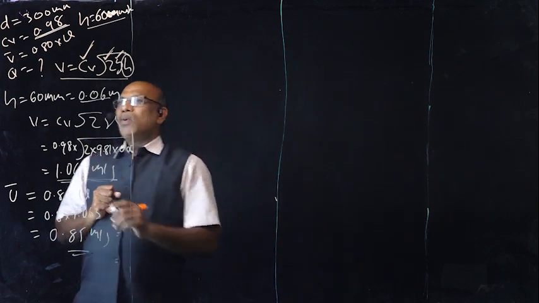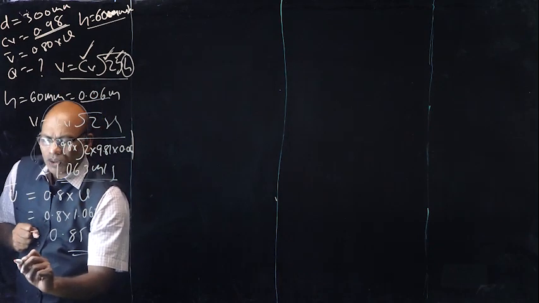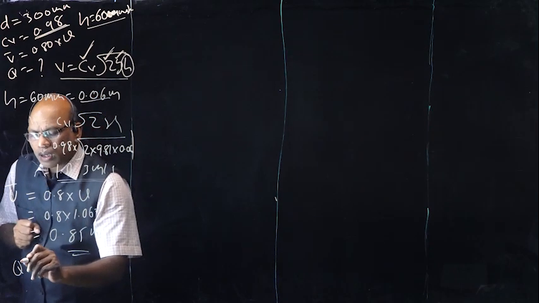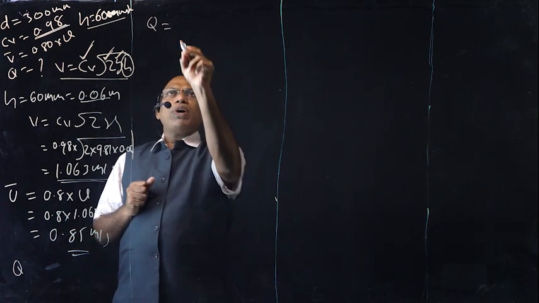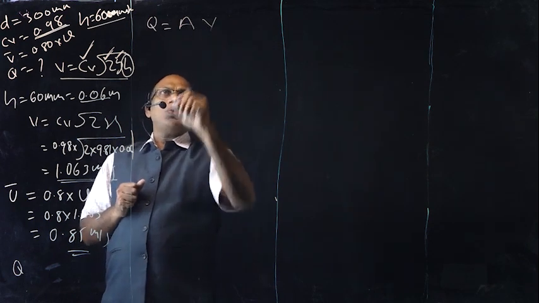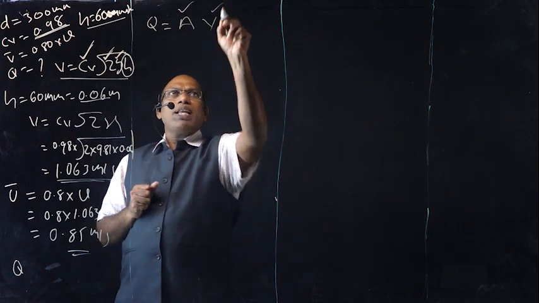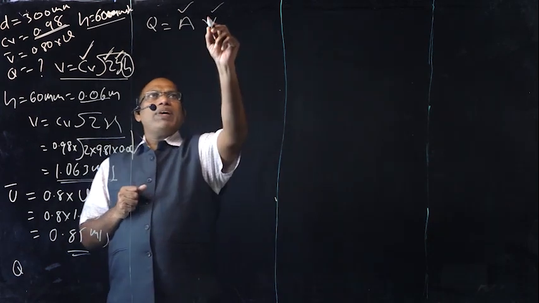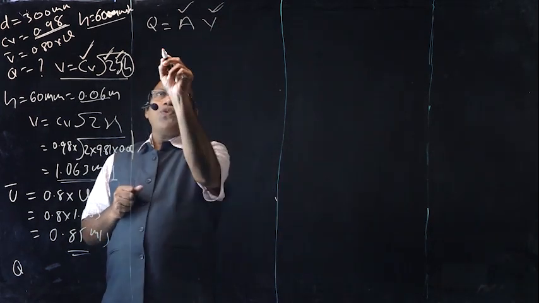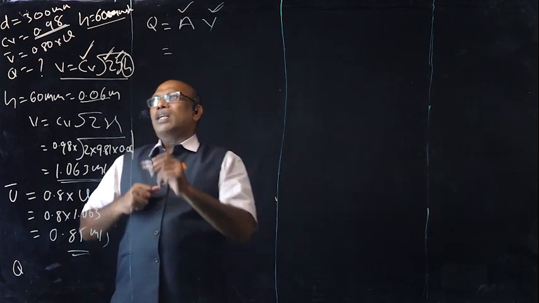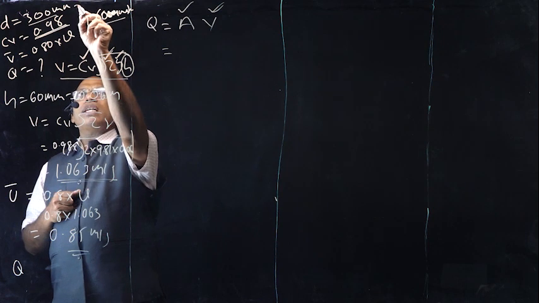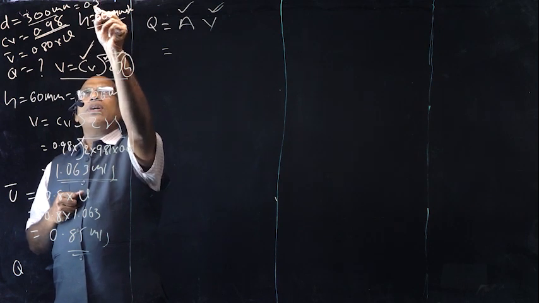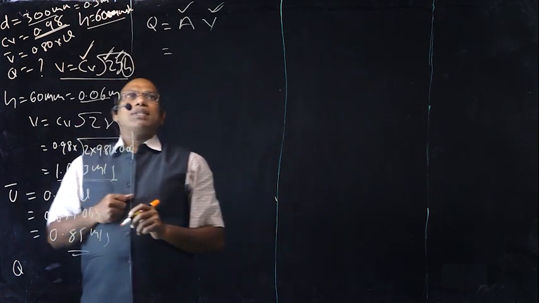Right? Now discharge Q is equal to, we know one formula, cross sectional area into velocity of flow or mean velocity of flow. The diameter of the pipe is given, that is 300 mm, that is equal to 0.3 meters.